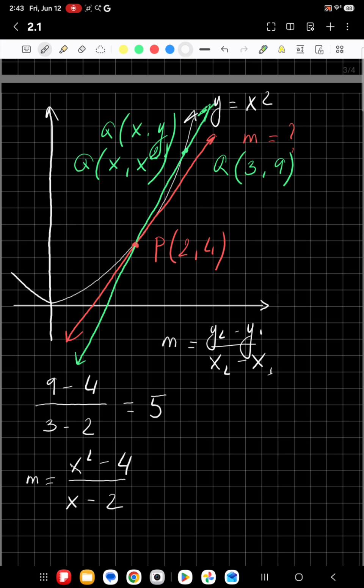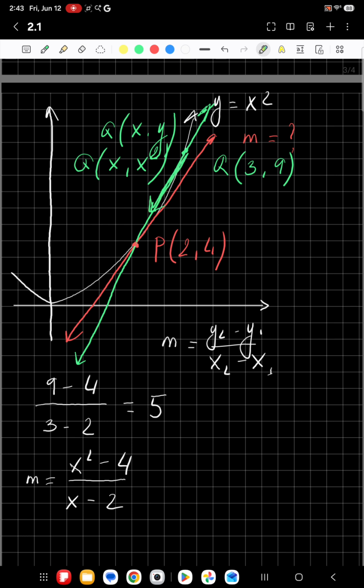Okay, so we have this general formula for slope, and what we'll do next, we'll take this point Q and move it closer and closer to point P. So the green line is going to be getting closer and closer to the red line.